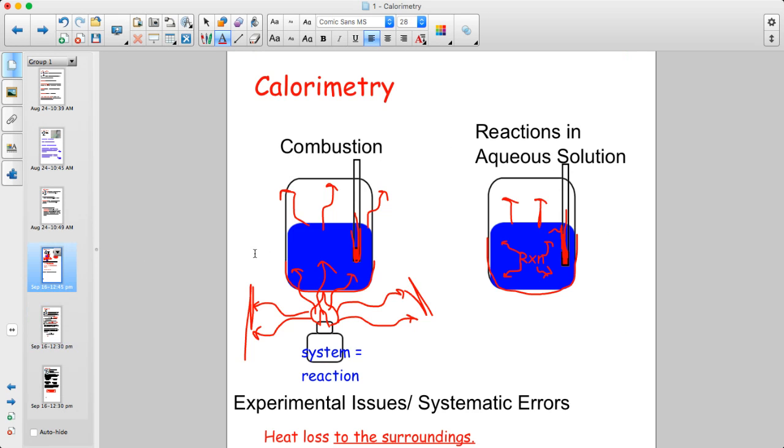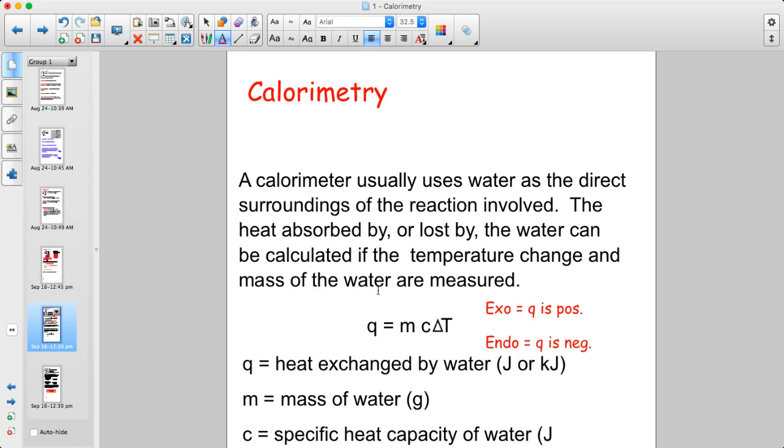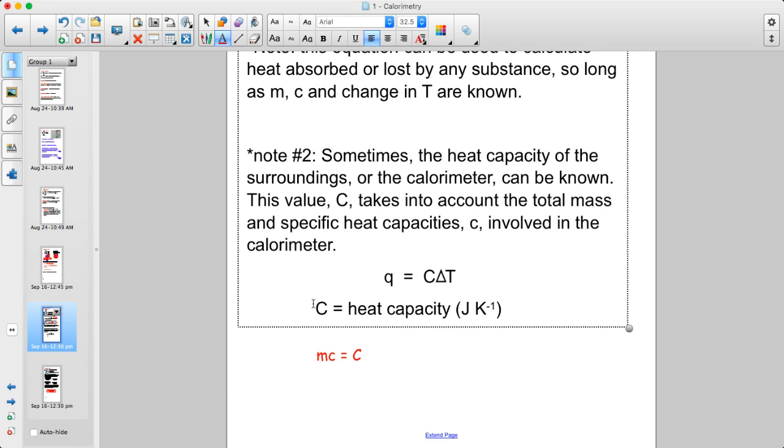So if you look back here, rather than just measuring the mass of this water, it'd be like figuring out how heavy the beaker is, how much water you have, how much the thermometer weighs, and the individual specific heat capacities of each substance, like the glass of the beaker and the glass of the thermometer, and then the water itself, and sort of averaging all those out and combining it together into one big value called C for that whole calorimeter. So now you don't have to weigh the water. It's already been weighed. You don't need to do any of those other things.